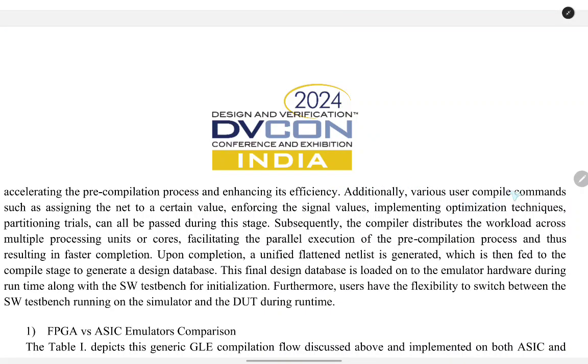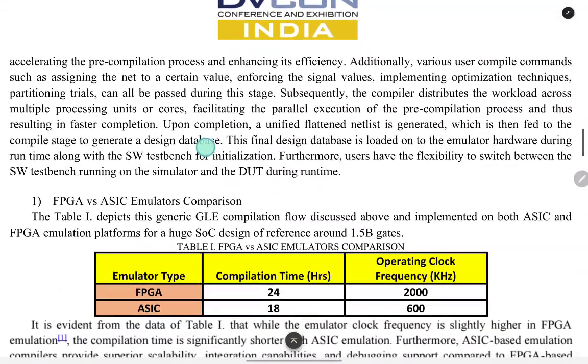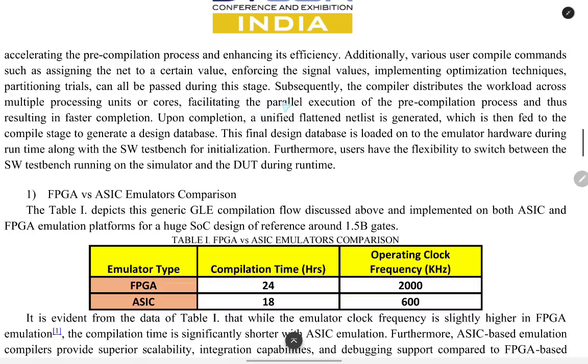Additionally, various user compile commands, such as assigning a net to a certain value and ensuring the signal values, implementing optimizer techniques, and partitioning the trial core, can be passed during the stage. Subsequently, the compiler distributes the workload across multiple processing units or cores, facilitating the parallel execution of the precompilation process and thus resulting in faster completion.